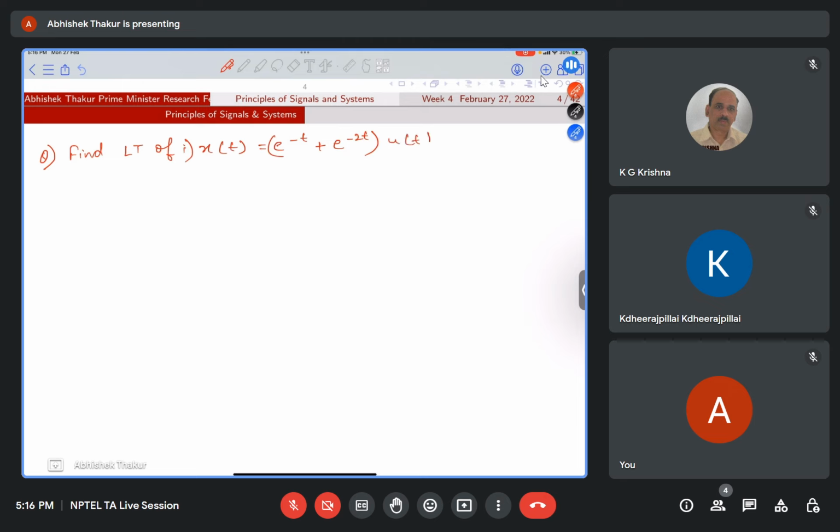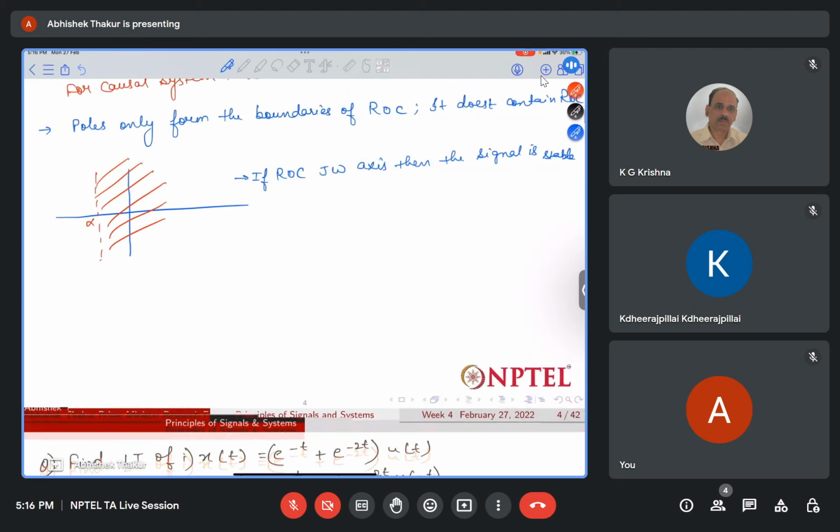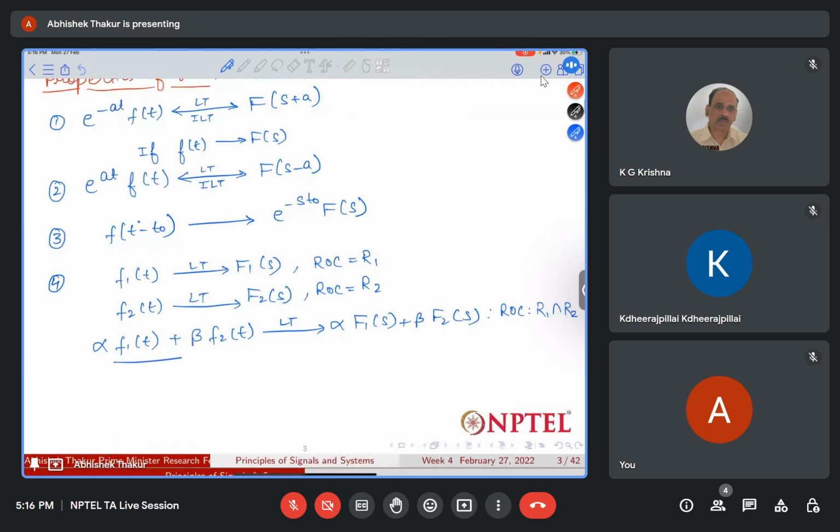And the second part is x(t) equal to e to the power minus t u(t) plus e to the power 2t u(minus t). For this, we will use the linearity property that we have studied here.